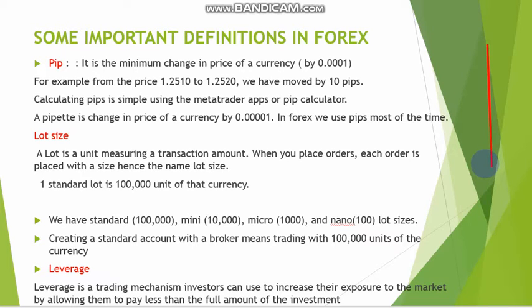You don't need to worry your mind on this or do it manually. What you just need to do is analyze the market and take trades. These are just basic calculations that a broker can do for you. Your trading platform will indicate the number of pips you have moved. You just draw a line and you see the number of pips you have moved.